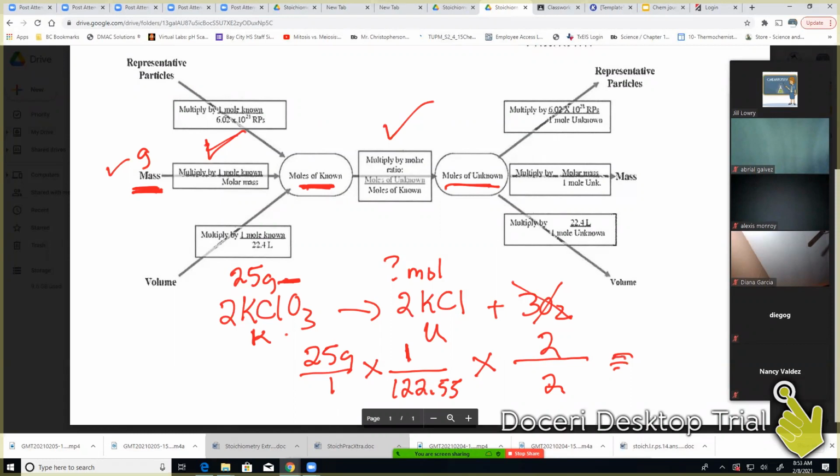I put my equals, and now we do 25 times 2 divided by 122.5. Remember down here, if you got a couple of things, you're going to have to put in parentheses. And I got 0.204, and my units would be moles, because that's what we're looking for.